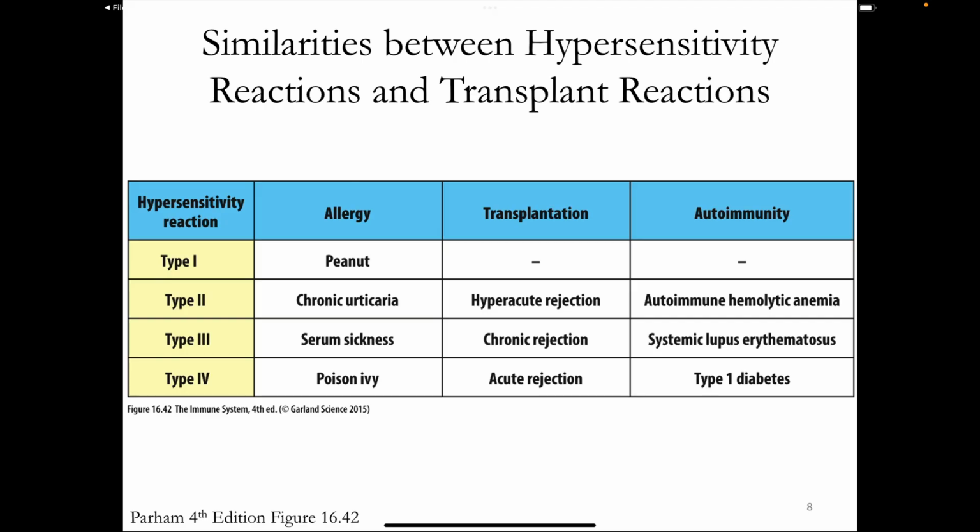It's going to largely involve a lot of T cell responses. When most people think about transplant rejection and the immunology of transplants, they're thinking about acute rejection. It's the predominant part of transplant rejection.